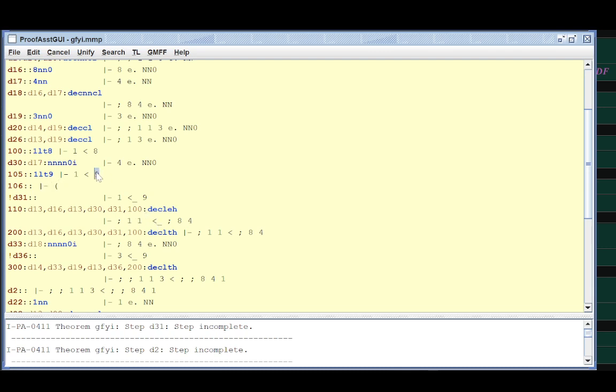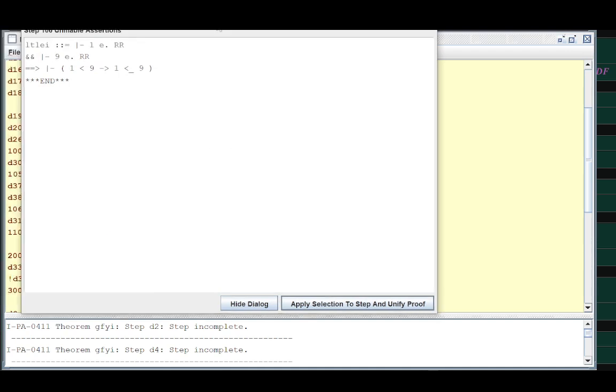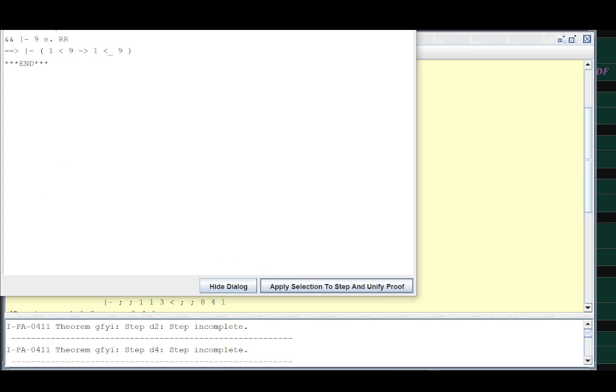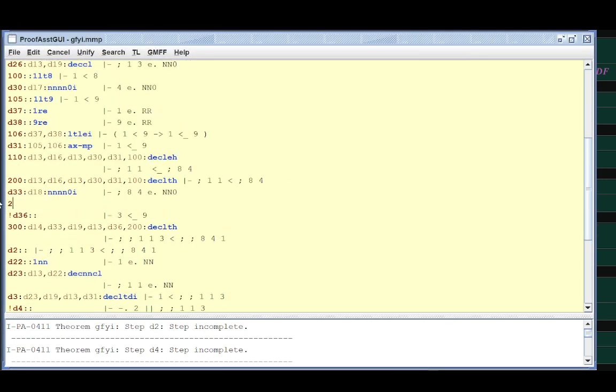Like, it's this implies this. And I think maybe it needs like, yeah, LTLEI, less than implies less than or equal, okay, yeah. Okay, so it's this. But we want to apply it here. So we want to have 3 is less than 9. This is going to be a monster proof.